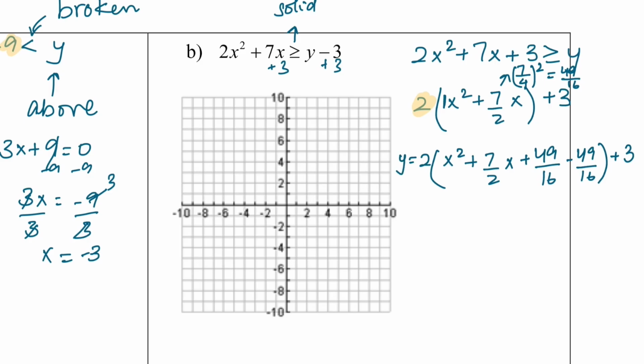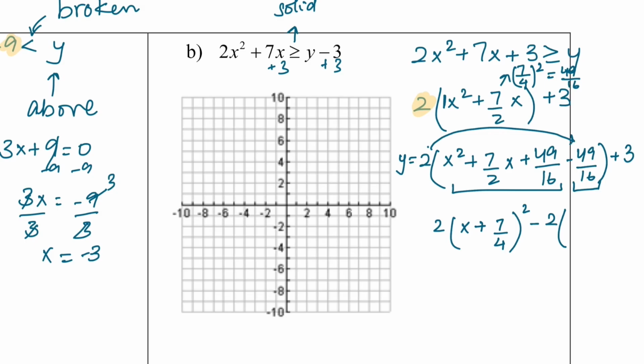So now I know this is going to be x plus 7 over 4 squared. I'll have to move this outside my bracket, so I'll have to multiply it by 2 because all these numbers are being multiplied by it. So minus 49 over 16 times 2, plus 3.